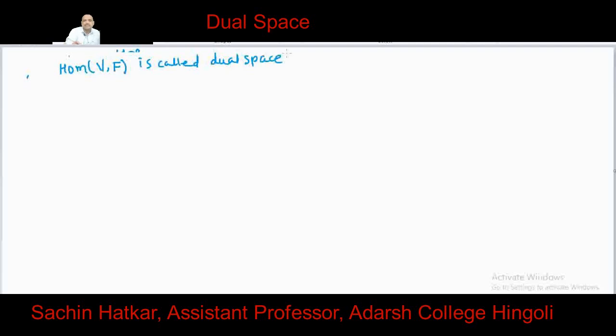So the set of all linear functionals from the vector space V into F is called the dual space, and sometimes we use the symbol V cap to denote the set of homomorphisms from V into F. Now remember this definition. The elements of V cap will obviously be called linear functionals.